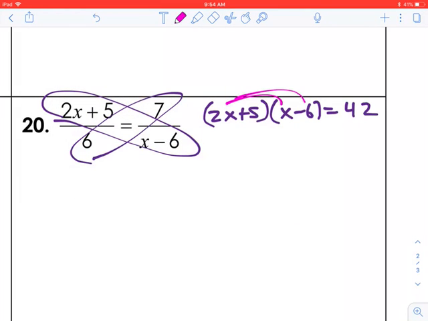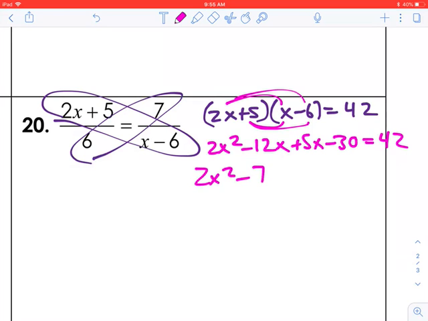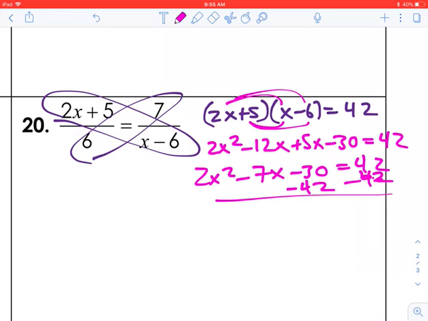I get 2x squared minus 12x plus 5x minus 30 equals 42. Double distribute, combine the like terms in the middle: negative 7x minus 30 equals 42. Now I subtract 42 to make it equal to 0. We end up with 2x squared minus 7x minus 72 equals 0.